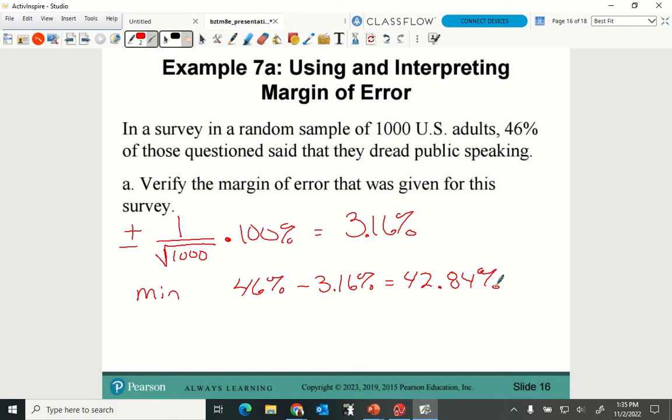Because this is plus and minus, isn't it? So the minimum goes with the plus, and the maximum goes with the, wait, did I say that backwards? Minimum is minus, maximum is plus. Would be 46% plus 3.16%, which is going to give me 49.16%.